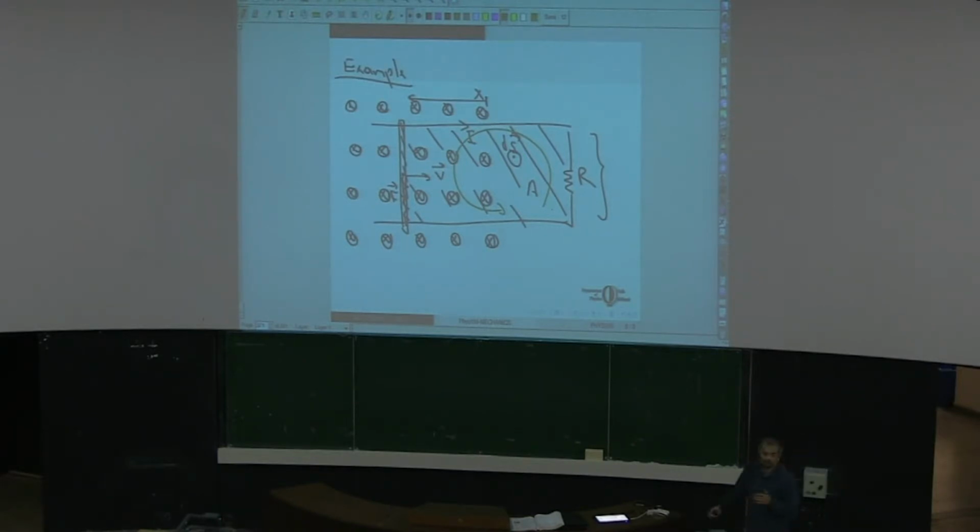So if EMF turns out to be positive with these choices of directions, then the current will be flowing in this direction. If the EMF turns out to be negative, the current will be flowing in the opposite direction. So let's see, phi B. It is again B times L times x. Is it positive or negative?